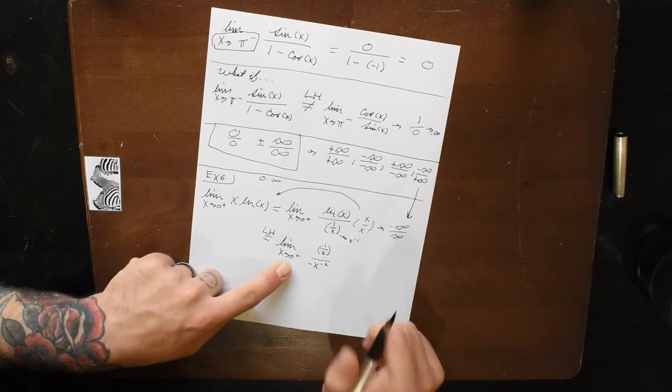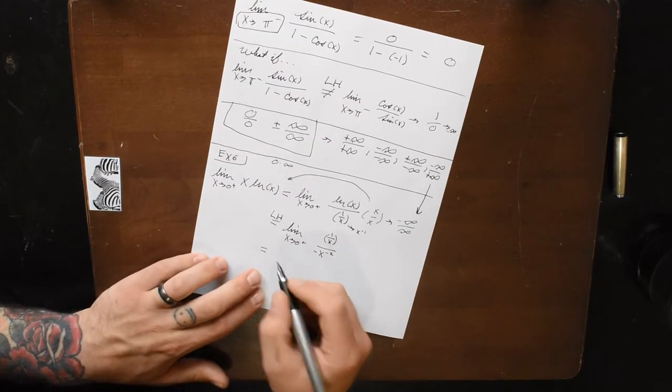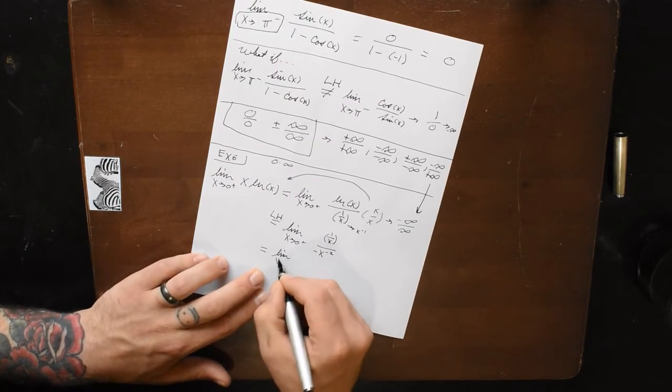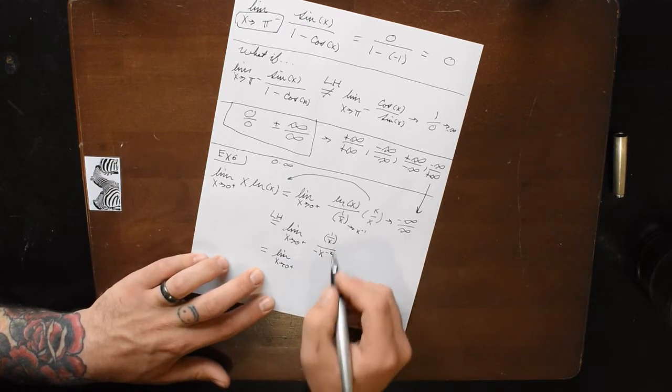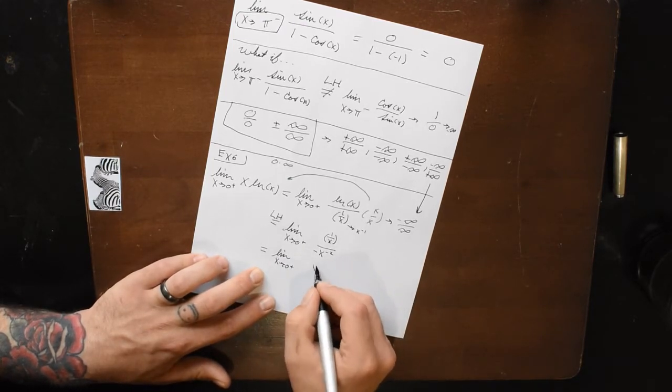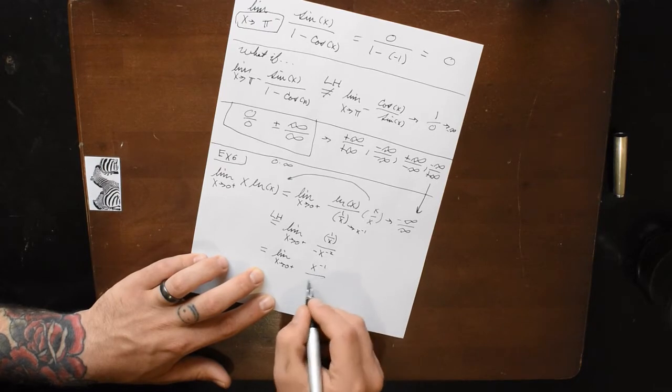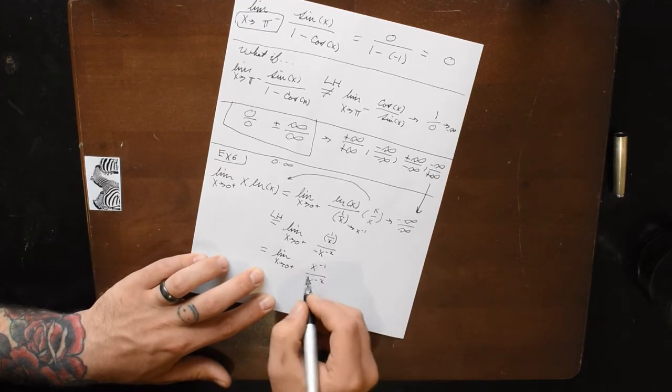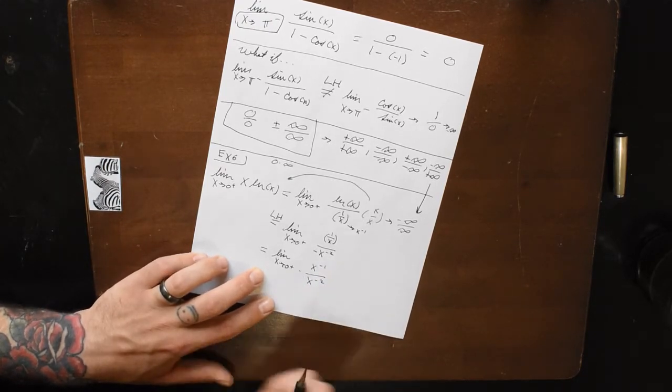I'm going to rewrite this to hopefully make it more obvious. Limit x goes off to 0 from the right. 1 divided by x is x to the negative 1 divided by x to the negative 2, and this minus sign I'm going to stick out front.